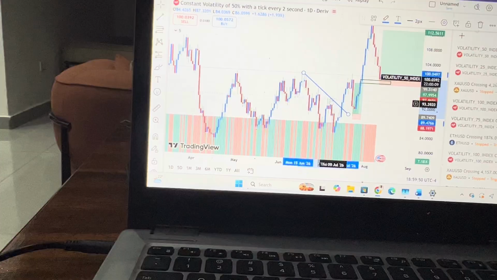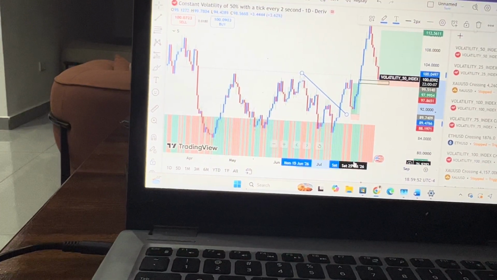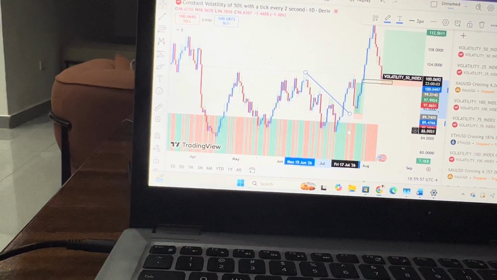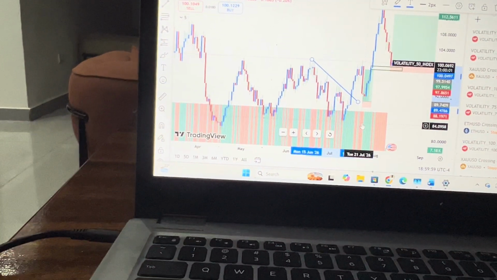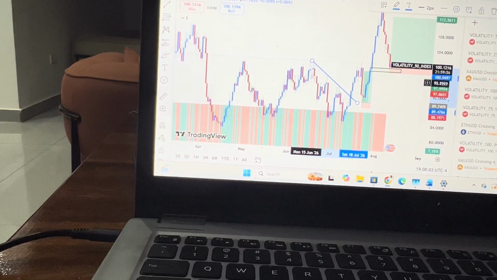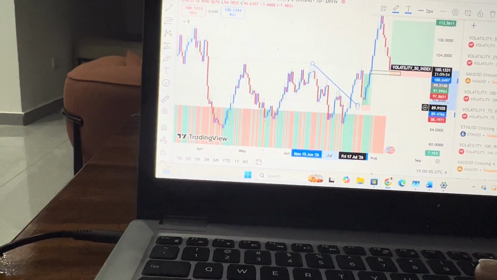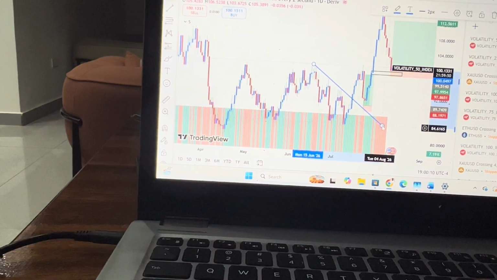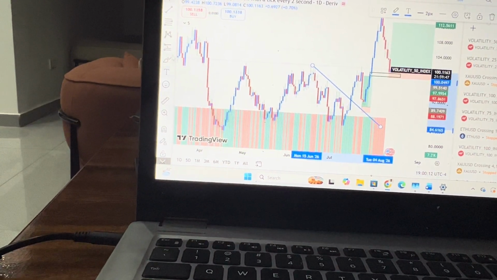The market broke our downtrend and it entered an uptrend. After entering the uptrend, we draw our trend line all the way down here and wait for the price.